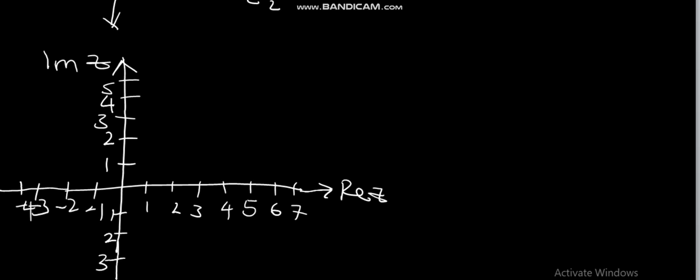Our z1, we say that it is 2 plus 3i. On the real part we have a 2, on the imaginary part we have a 3, and it shall be like that.